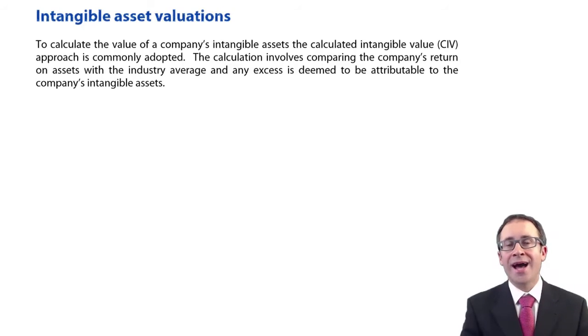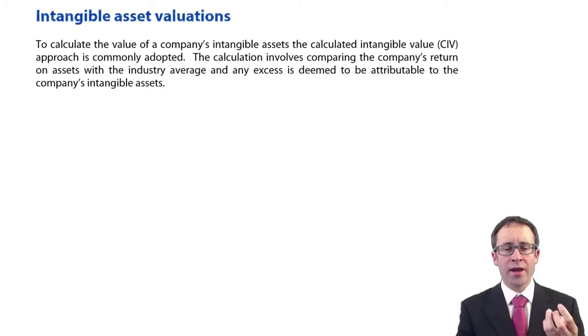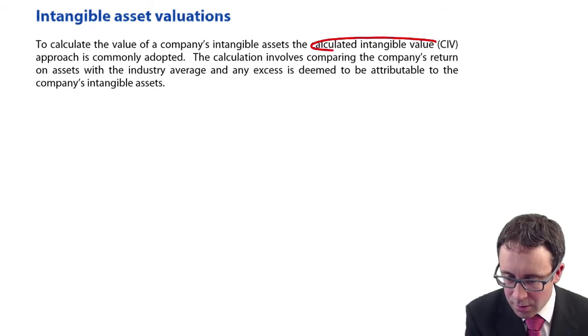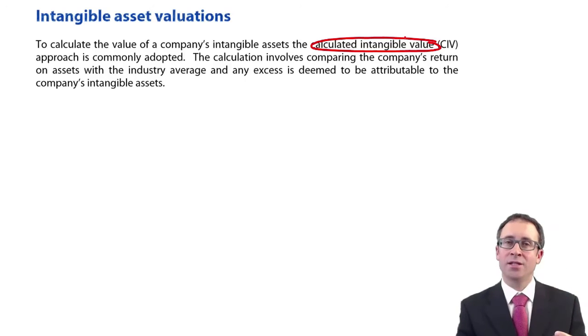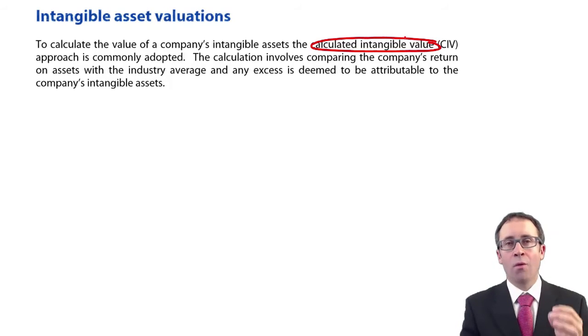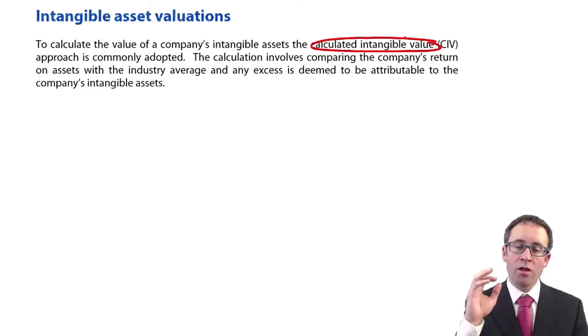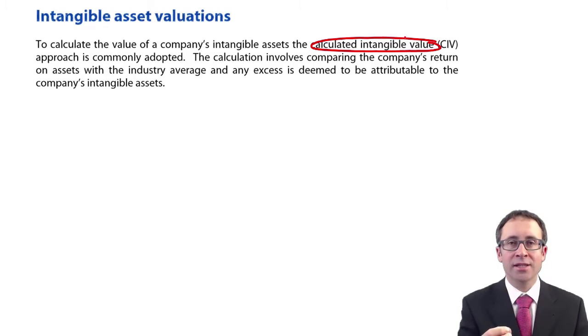So within those asset-based valuations, I think the key bit that we touched upon was the fact that none of them go through there and incorporate goodwill or any intangible. So what we need to go through and do is calculate a value of our intangibles, a CIV, a calculated intangible value. And it's a very theoretical way of being able to go through there and calculate the value of your intangibles by effectively comparing what the industry goes through and generates as a return on its assets.